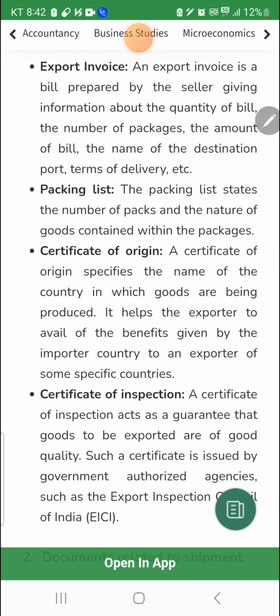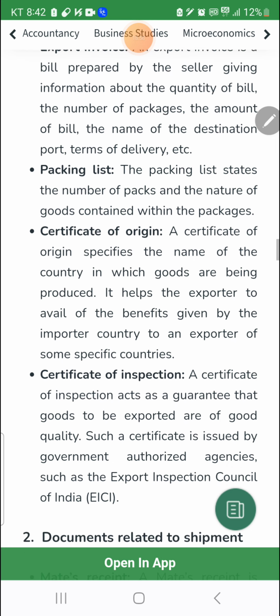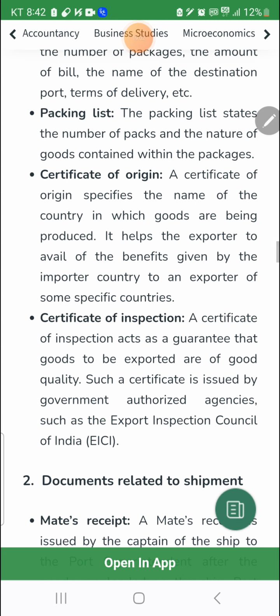The packing list states the number of packs and the nature of goods contained within the packages.